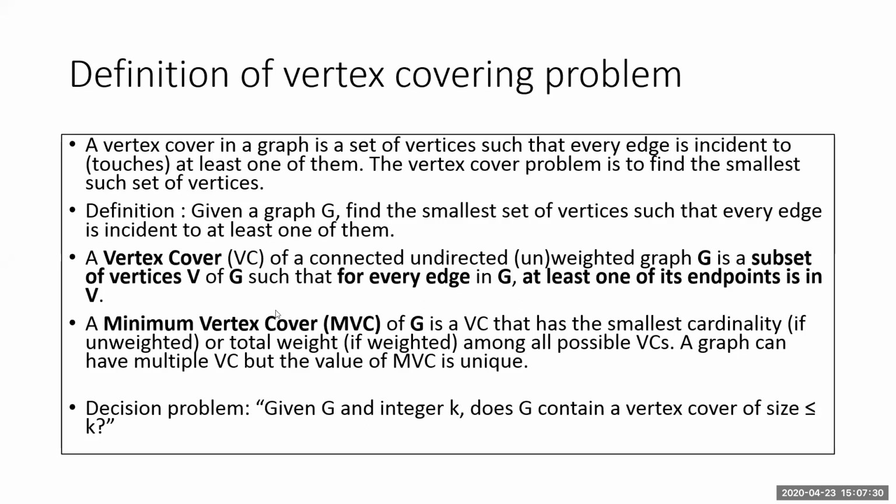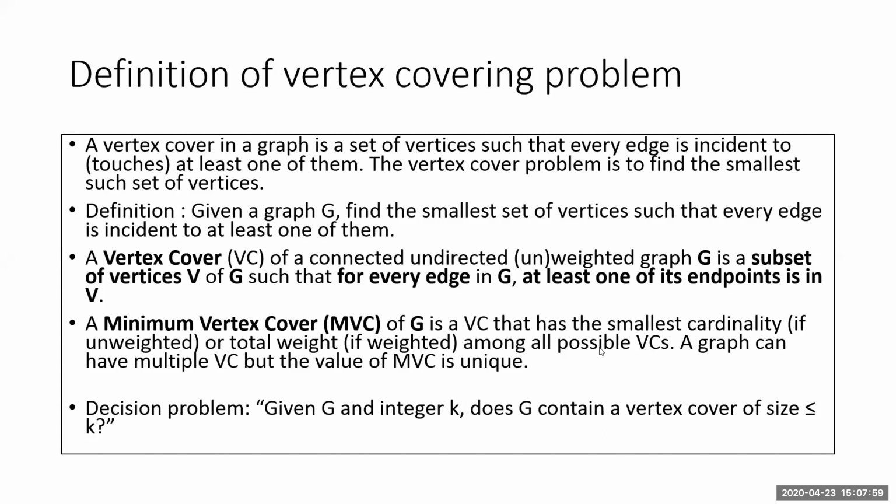How it differs from vertex cover is that a vertex cover can accept even more vertices inside it, but the minimum vertex cover asks for the minimum number of vertices that can cover the entire graph. This can be defined more mathematically as the smallest cardinality. Cardinality means number. The smallest cardinality or the total weight among all possible vertex covers.